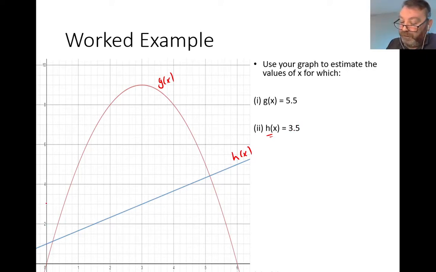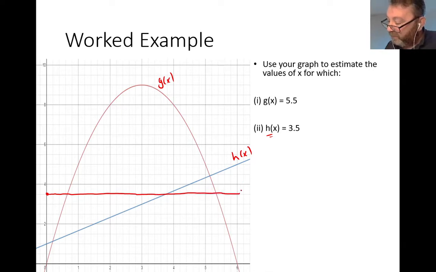So I find 3.5 on my output axis, my y-axis, and I draw across. But this time, I'm interested in where that 3.5 line cuts h of x, which is the blue function, this one here. And again, I drop down like so, and I notice in this case that it's very, very close to 3.8.